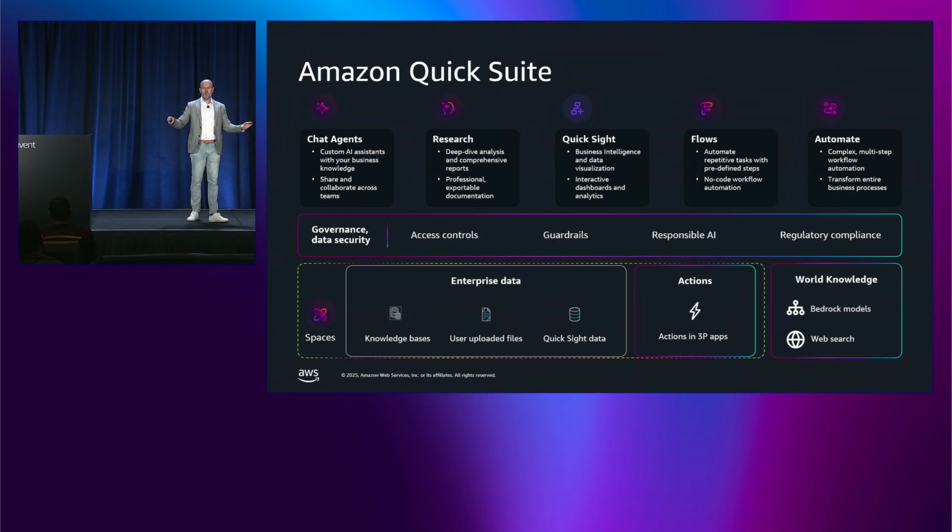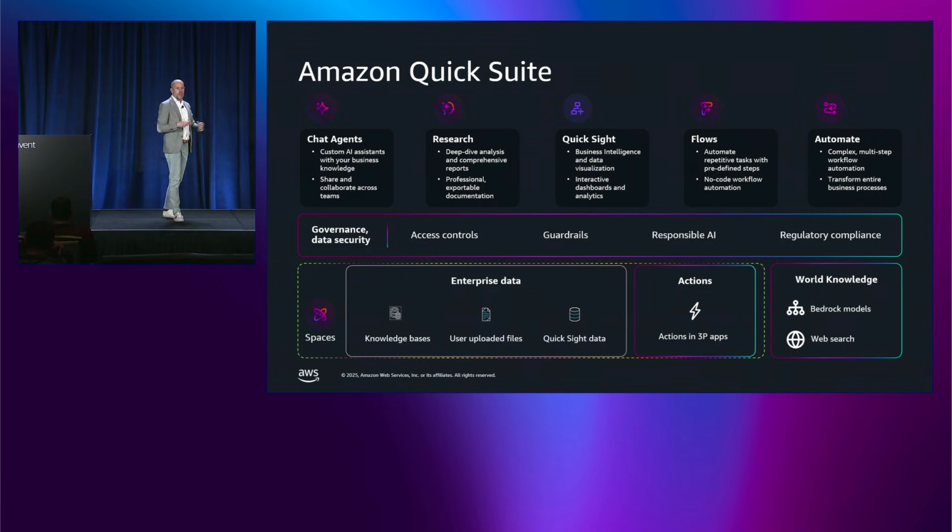If you look at the bottom, we still need data. AI is not going to work if we don't have data, if we don't have quality data. You can see that we have enterprise data and we have actions, and within the enterprise data, we can have knowledge bases, basically any type of unstructured data. We can also upload files, audio files, videos, PDFs, Word docs, any type of unstructured data.